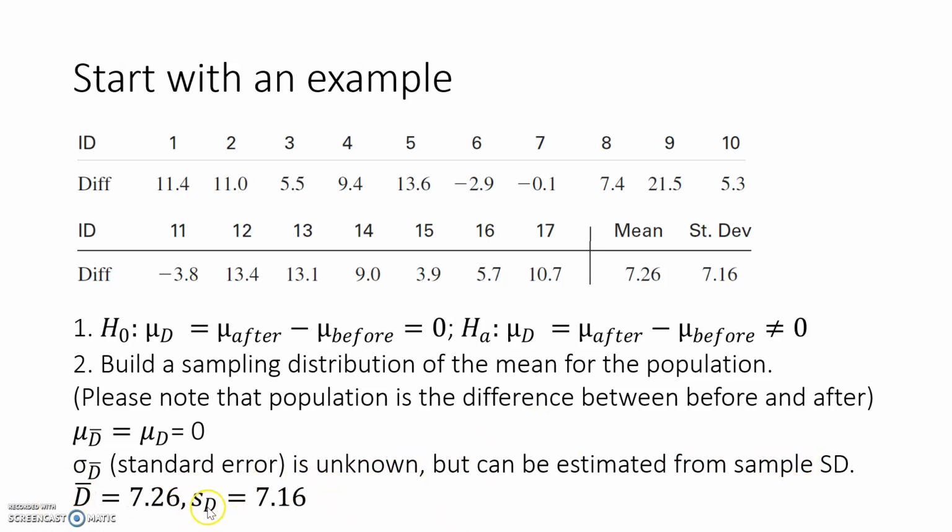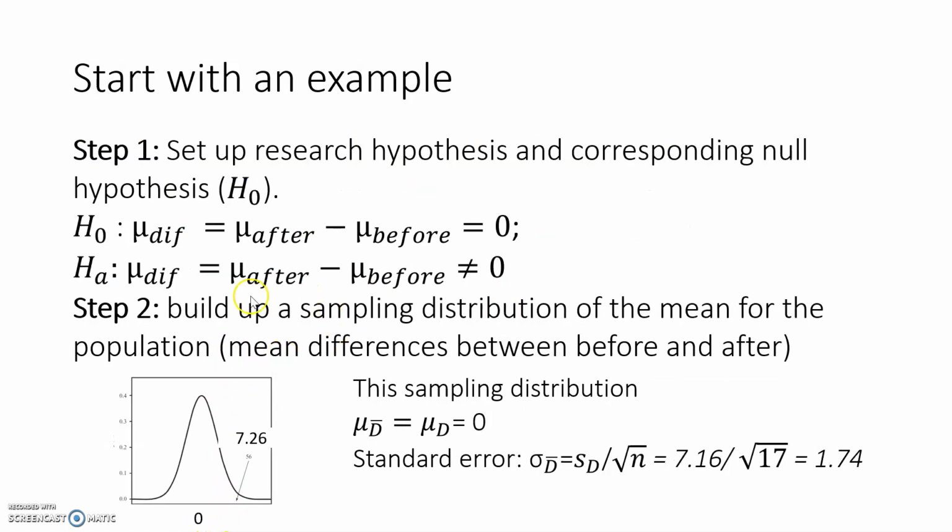And we know the SD for these difference scores is 7.16. So we're going to estimate the standard error using this sample's SD. So our standard error would be our sample's SD divided by the positive square root of our sample size.